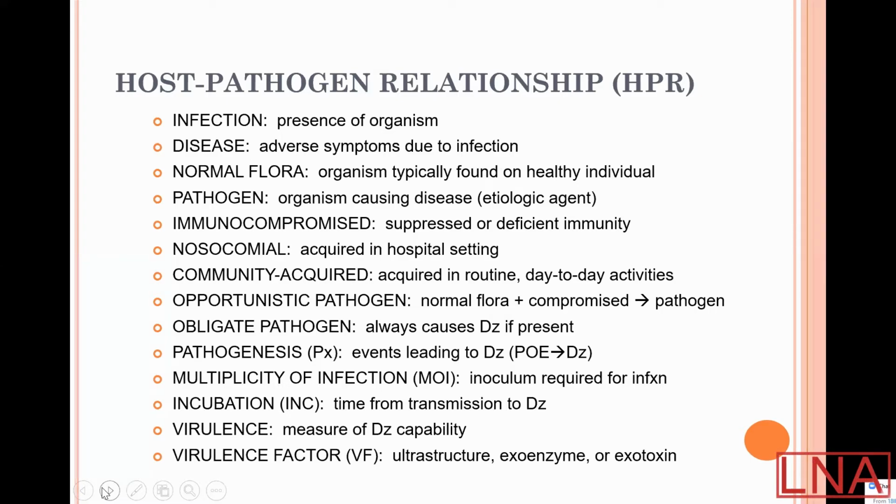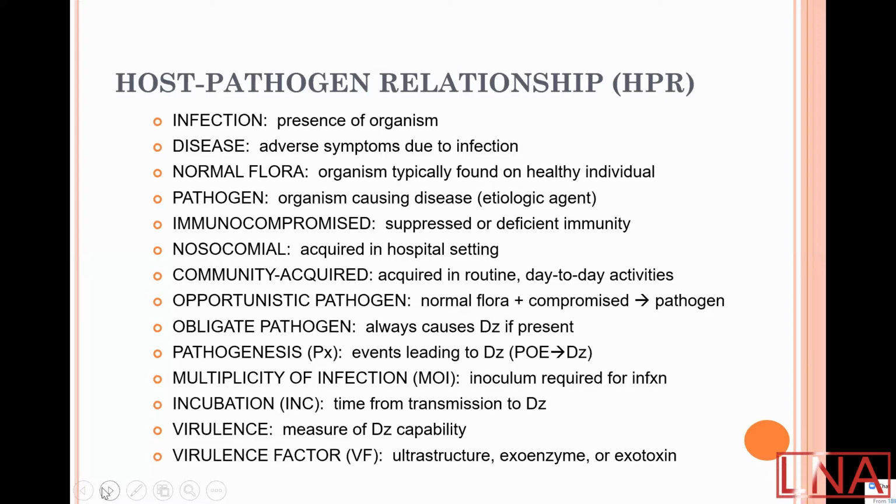Pathogenesis is the events leading to disease. You can also understand pathogenesis as the traveling of the microorganism inside a human body. Multiplicity of infection means the inoculum required for infection.